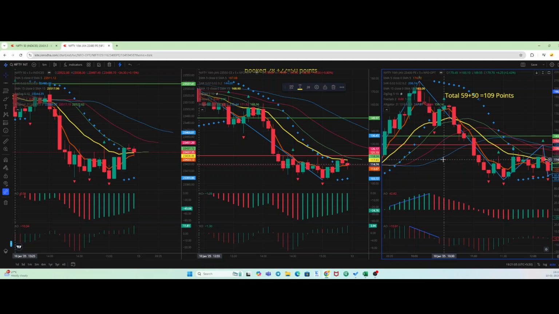For example, 109 points, if somebody is taking 2 lots, now the lot is 75, so 150 into 109 points means 16,000 rupees he has already earned.